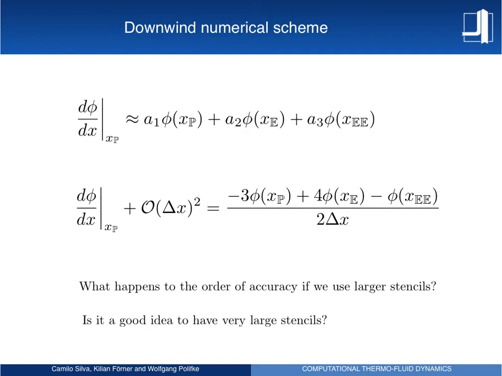Okay, so the answer is actually as any answer in engineering: everything's a trade-off. So you have to see the cons and the pros as well. So yeah, you can increase the accuracy. So as you reduce the mesh, for example, the error will go faster to 0. Okay, but do you need it really?